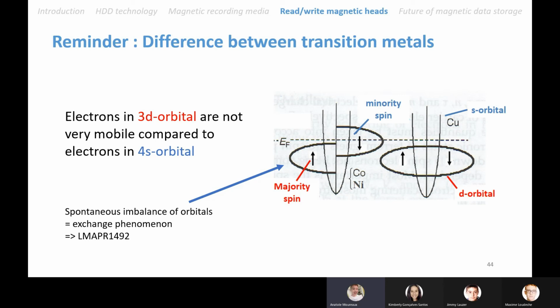Here, on the bottom left illustration, we can see that the spin-up conduction electrons are called majority spin since their Fermi level is in the 4s orbital, and so they are more mobile and contribute more to the current conduction than the spin-down electrons. If you remember well the course of last year, this is this imbalance that is at the origin of ferromagnetism in transition metals.